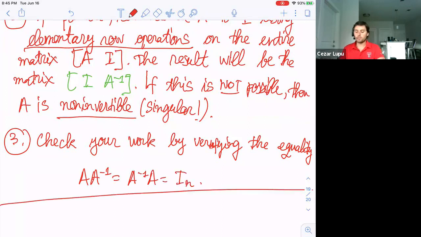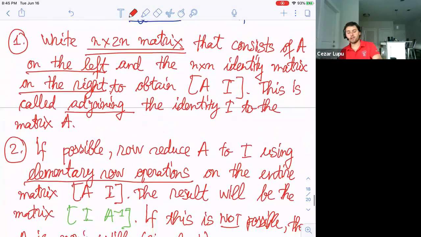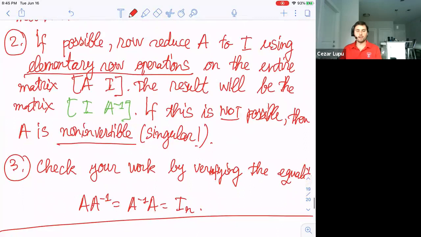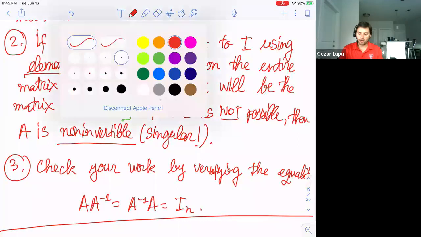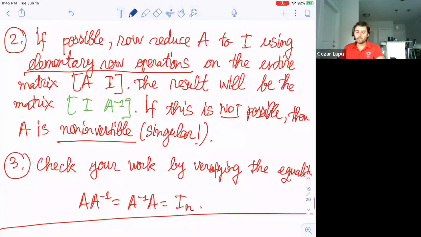That's it. This is what we need to do. That's the procedure. You see, there are 3 steps: 1, 2, and the third one is just to check if your work is right or not. Right? Okay.